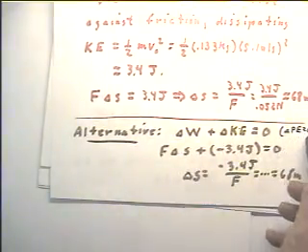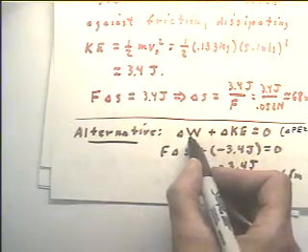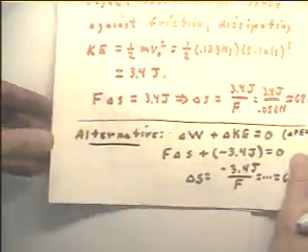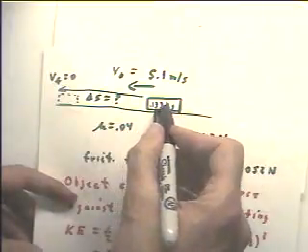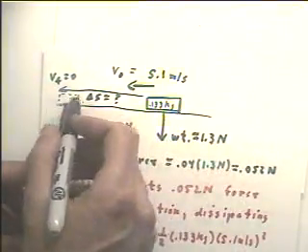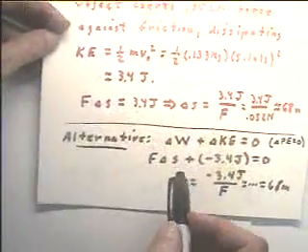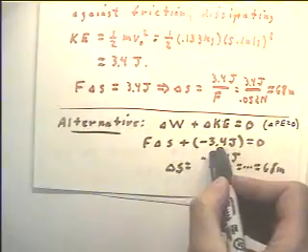Here the work done is the work done by the object as it slides across the table against friction. In this case, the change in potential energy is 0, so just the work done against friction plus the change in kinetic energy has to be 0. What's the change in kinetic energy? Well, the kinetic energy here is 3.4 joules. Here it's 0. The kinetic energy drops from 3.4 joules to 0. That's a change of negative 3.4 joules.